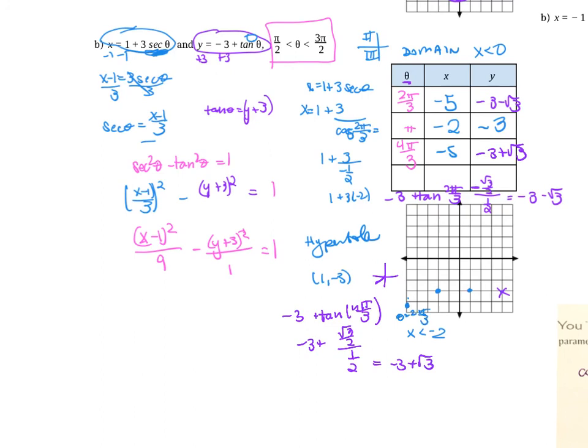Then notice at pi, it's going to be at negative 2, negative 3. So we know that it's going in this direction here. And then on the other side, the hyperbola is going to be somewhere over here. That's at theta equals 4 pi over 3. So that helps us with the orientation of our graph.